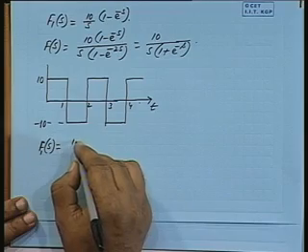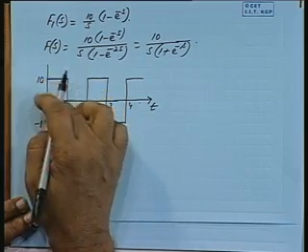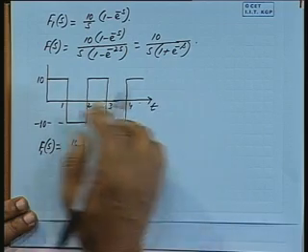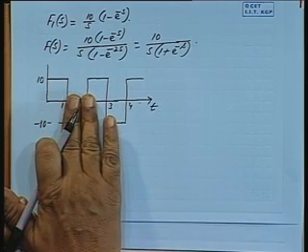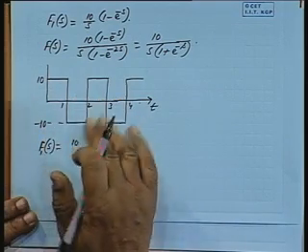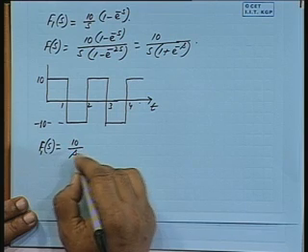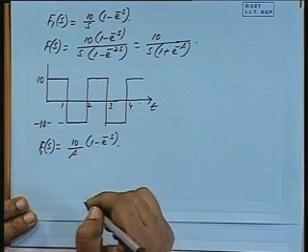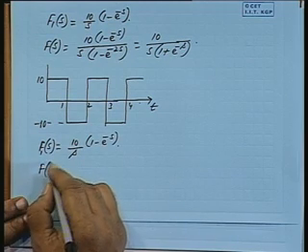F1(s) is... see, if it is the same block being repeated with alternate signs, then there is no problem. I can take this as the primary block, the first initial block, whose Laplace transform is already known. Then what will be F(s)?